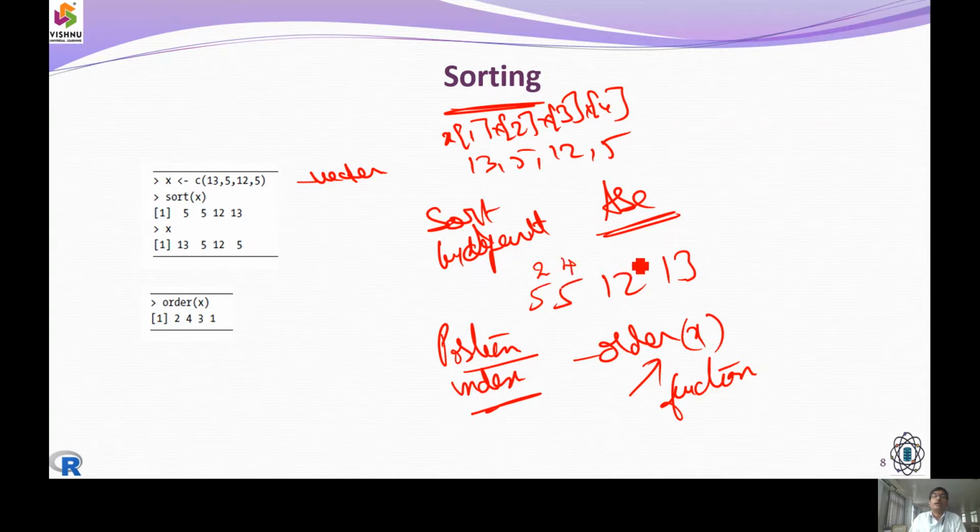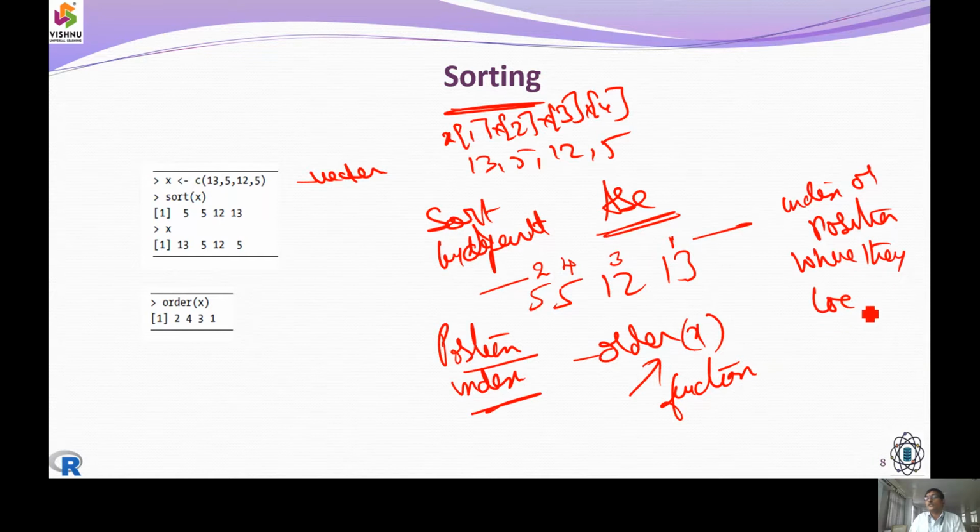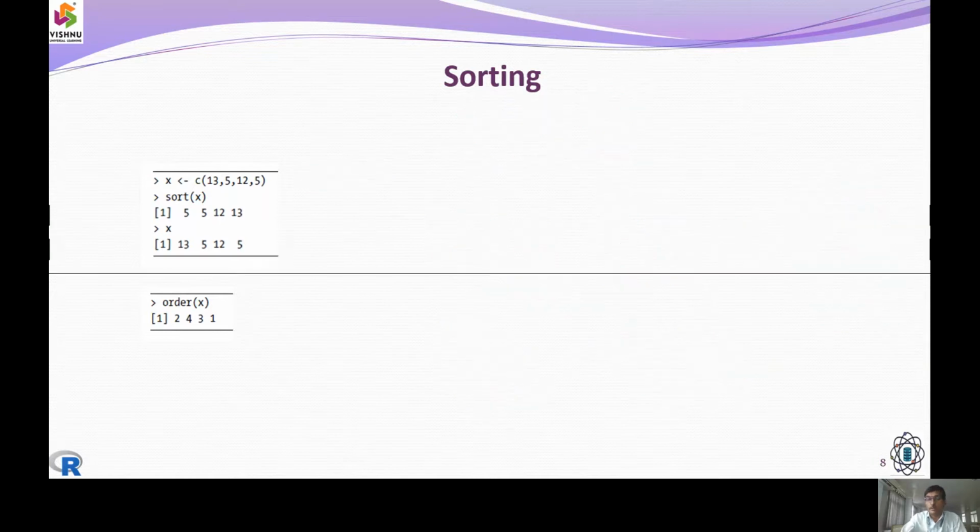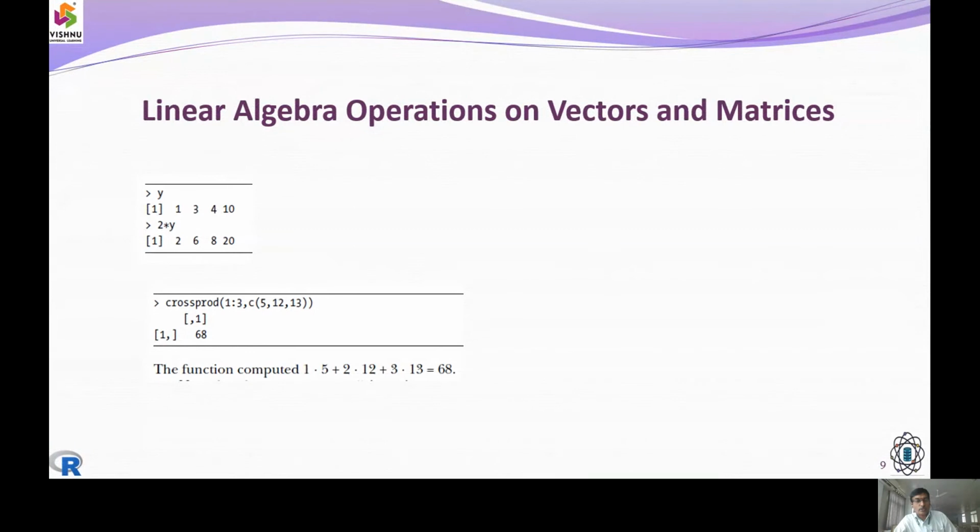Where did the third thing, that is 12, come from? It is from the third, and then it is taking up the 13. So this 2, 4, 3, 1, they are indexing, or they are putting up the positions where they are located. So this is how a sort function is going to be managed.